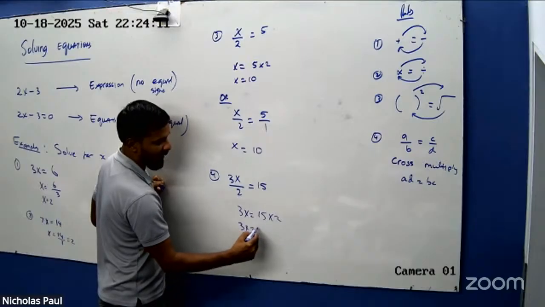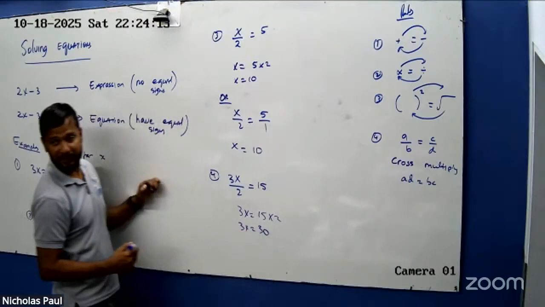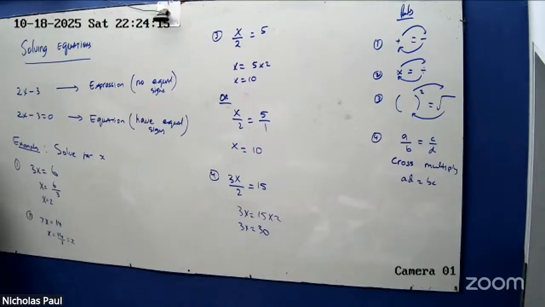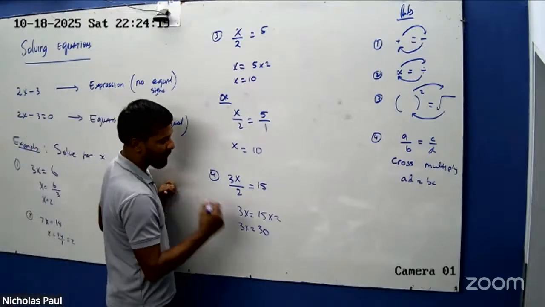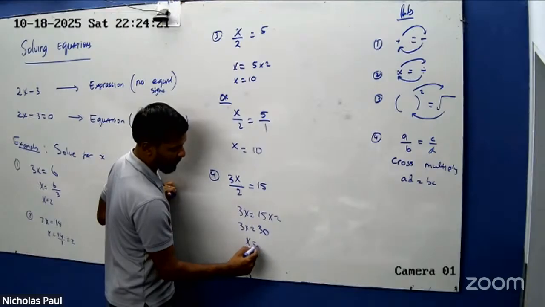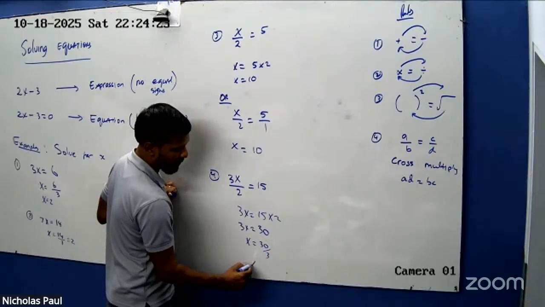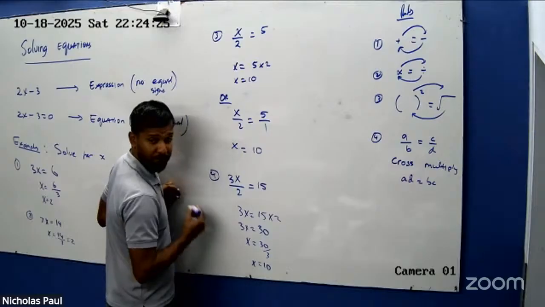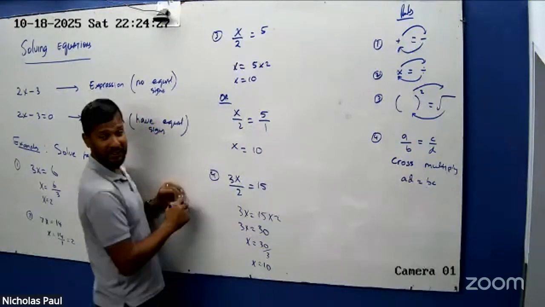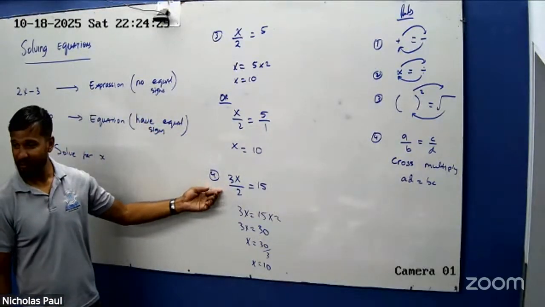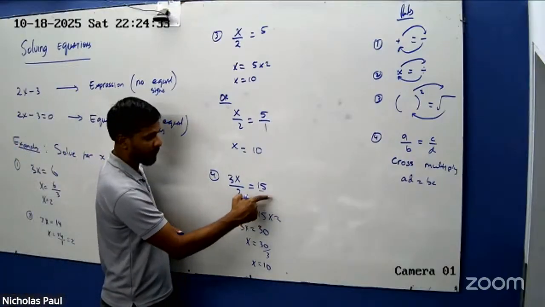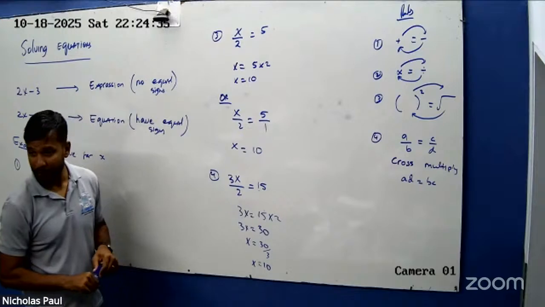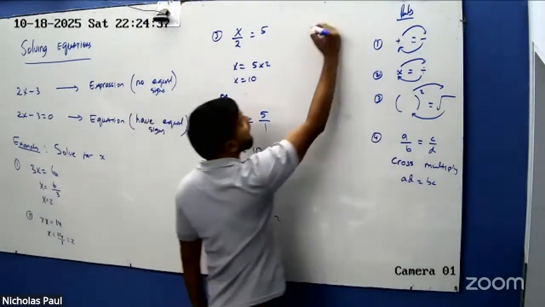So 3x is 30. What's the next step? Multiply will become divide. So x is 10. I have a small question. Can I cross multiply there? Yeah, I can just put this over 1. You okay with that? So again, copy it down.